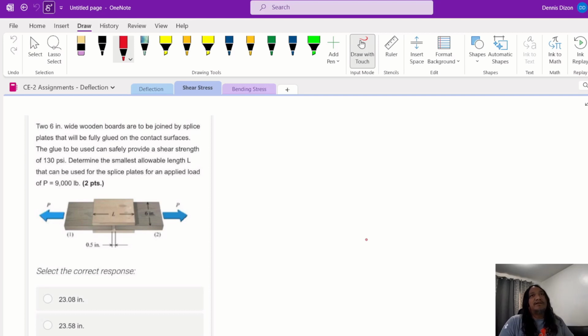This could probably be your bottom chord of a truss. So your bottom chord of a truss is in tension, and then you have options of splicing, because for example, if your span is say 10 meters, and your available material is only 6 meter length, so you have to do some kind of splicing.